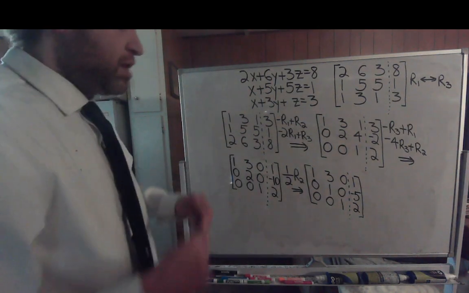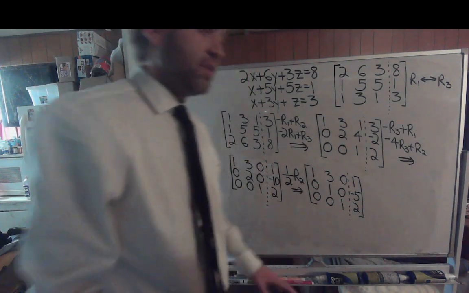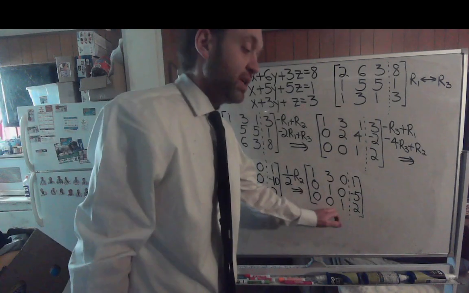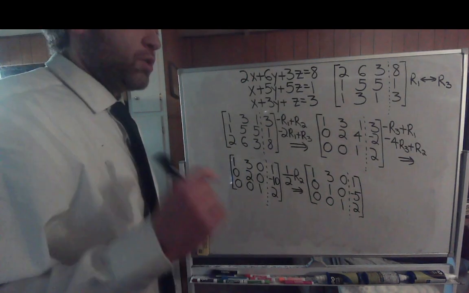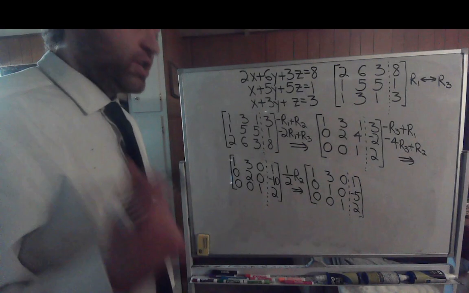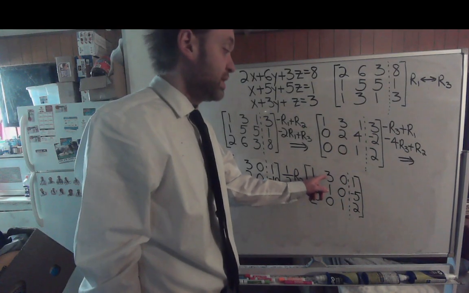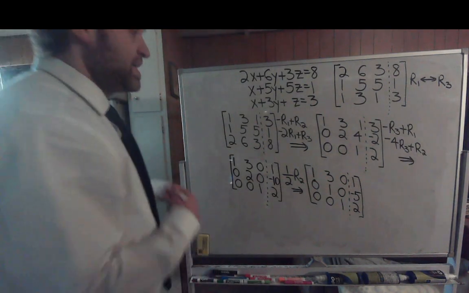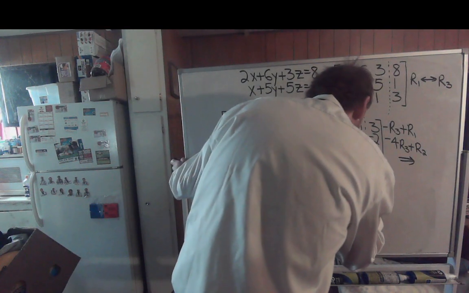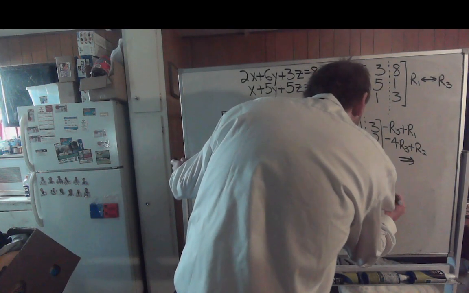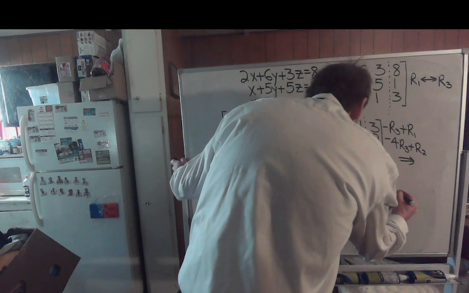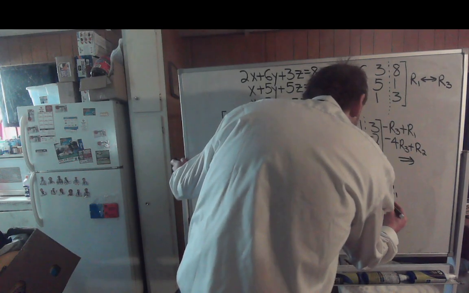Alright, so now rows 2 and 3 both have a leading 1 and the zeros in the places they should be. Our last goal, which will put us in reduced row echelon form, is to make the second digit of row 1 a 0. So if I take negative 3 times row 2 and add that to row 1, I'll end up making that happen.